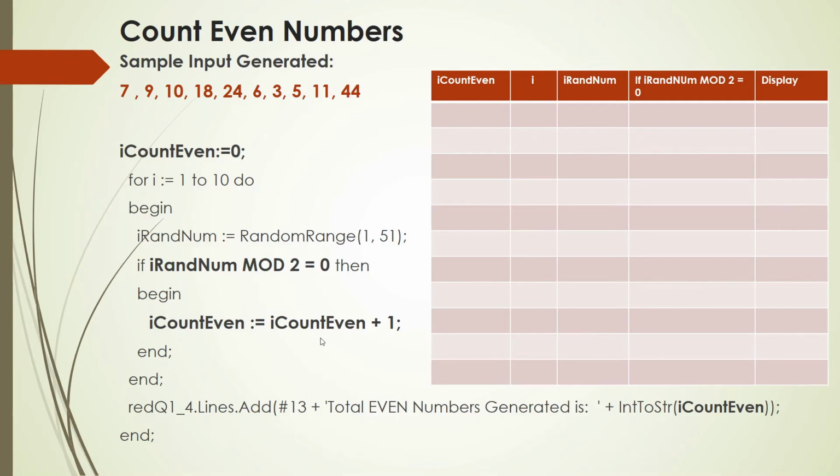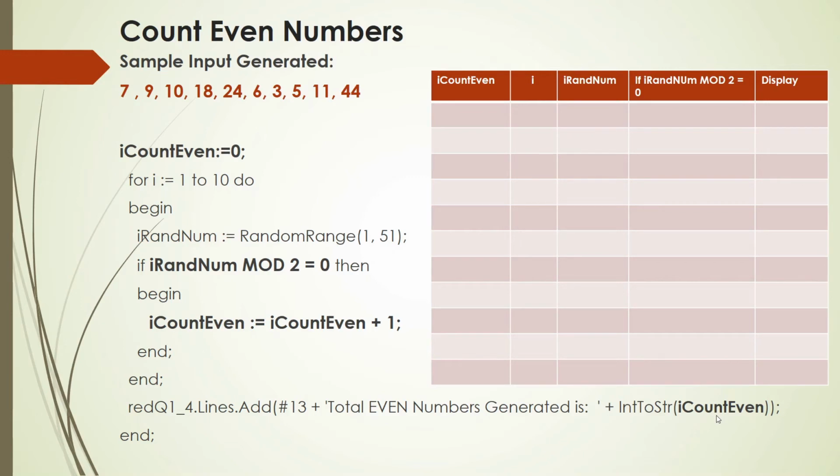Note, instead of using the procedure inc, I'm using an accumulation technique: iCountEven is assigned whatever the current value of iCountEven is, plus 1. So the loop is going to execute 10 times, and out of the loop, I'm going to display the total number of even numbers generated, which will be the value stored in iCountEven.